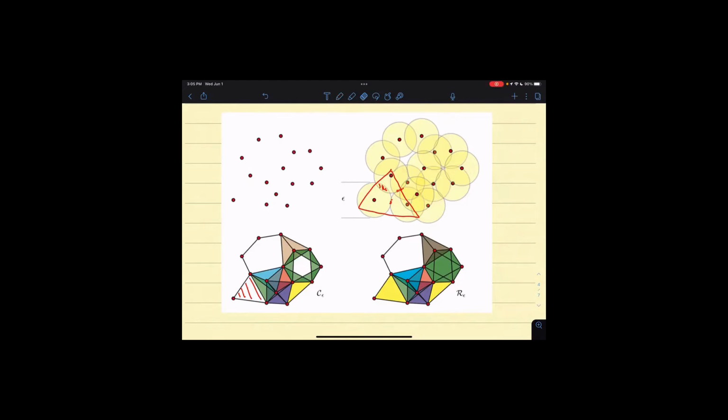Versus with the Rips complex, looking at those same points, here, that we were looking at, we see that it is filled in because each one of the vertices are within epsilon of each other pairwise. So we get to fill them in.